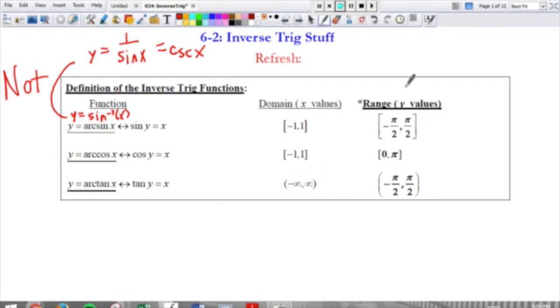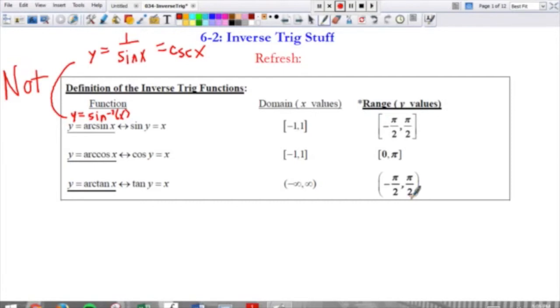So the ranges, in a corresponding way, were angles, were the inputs of sine, cosine, and tangent, and so they're the outputs of arc sine, arc cosine, and arc tangent.